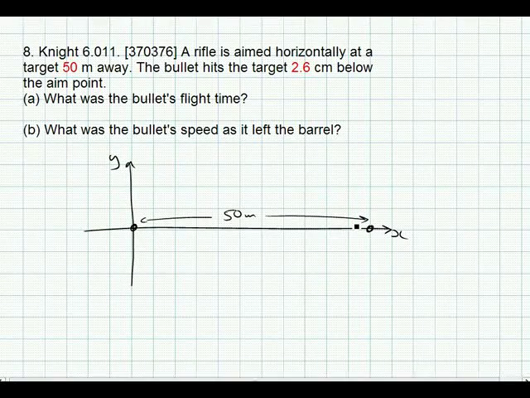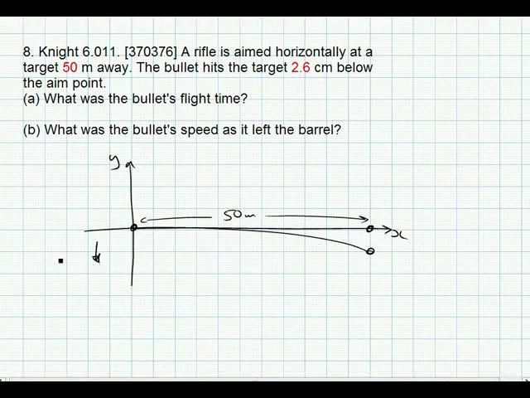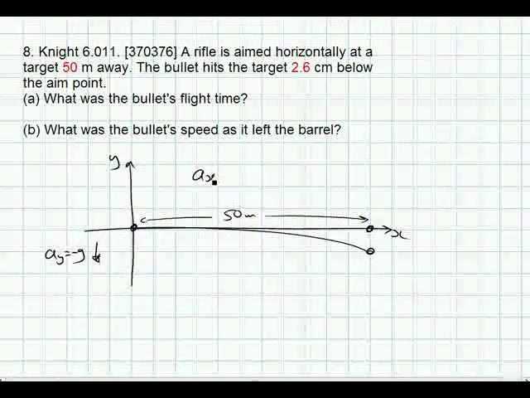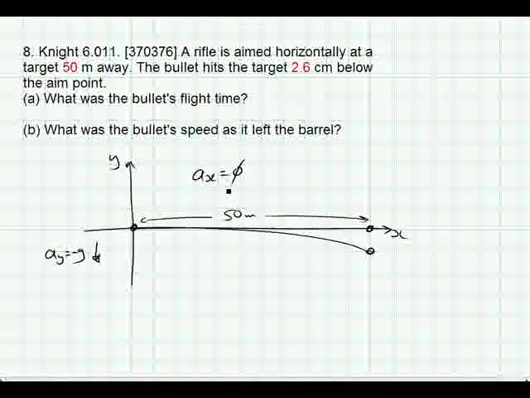Okay. And the bullet's trajectory is a parabolic trajectory, it's a projectile motion, where ay is equal to minus g, and ax on the bullet, of course, is 0. There's no force acting on the bullet as soon as it leaves the gun.